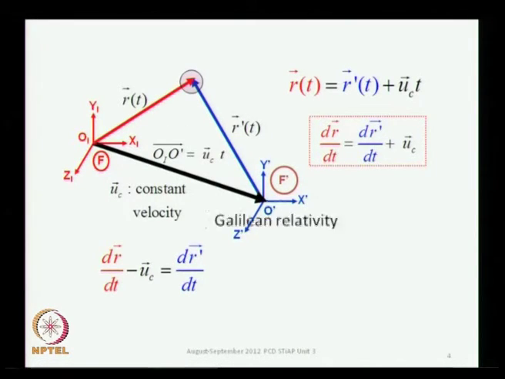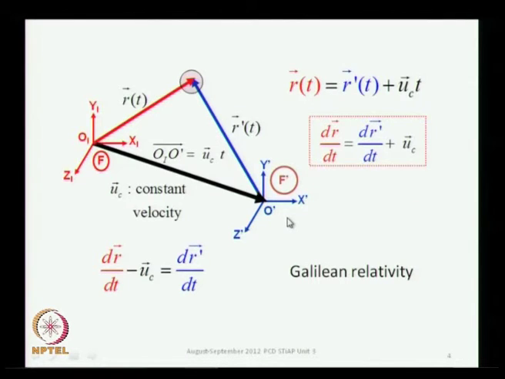Now this is Galilean relativity. This makes a certain assumption that the speed of light is infinite, and all of these conclusions are consistent with this assumption, and as long as you do not question this assumption, you are okay. So the relative velocity, as seen by two observers, depends on their relative motion.